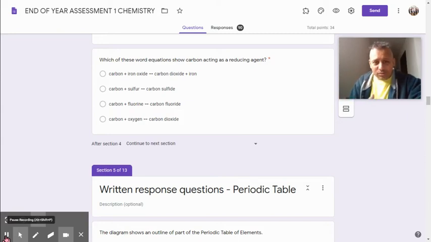All of the oxygen is actually going onto the carbon dioxide. So there's nothing actually being reduced, so to speak. The clear answer for this one is the first response: carbon plus iron oxide reacts to form carbon dioxide plus iron, which in a roundabout way is what happens in the blast furnace.